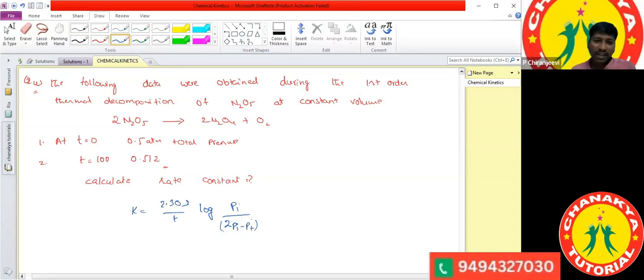But here there is a small change in the reaction. So in this one, the total pressure will be a different formula. Actually, it is correct only, but according to the chemical equation, it is different.